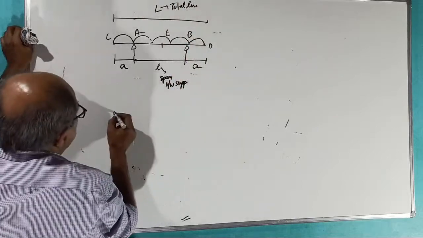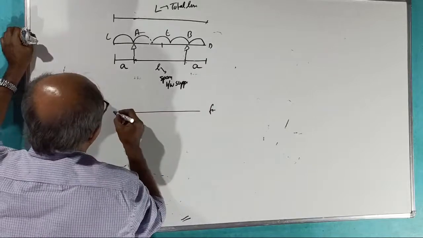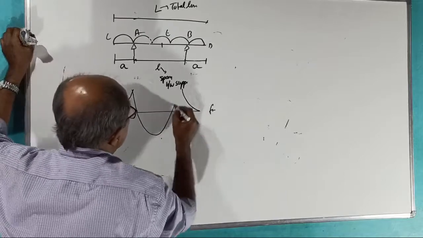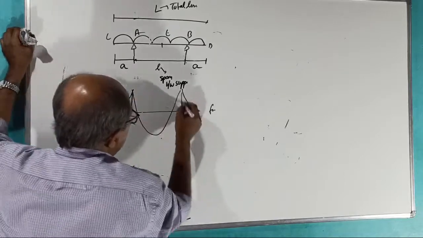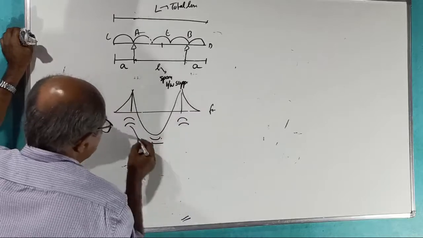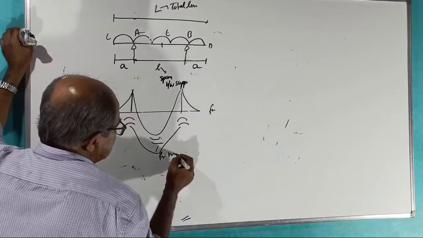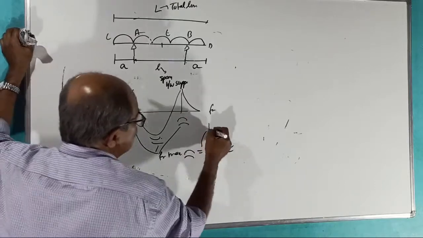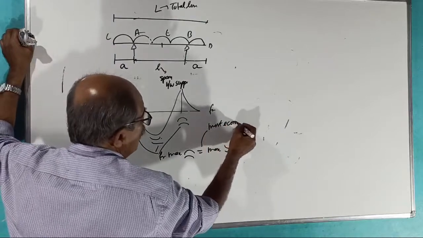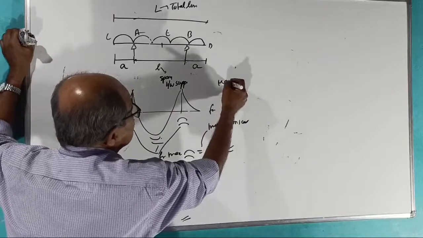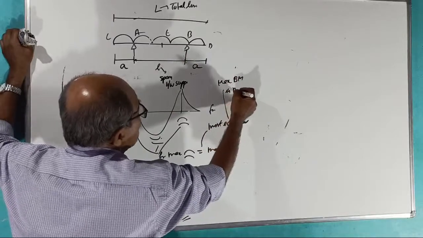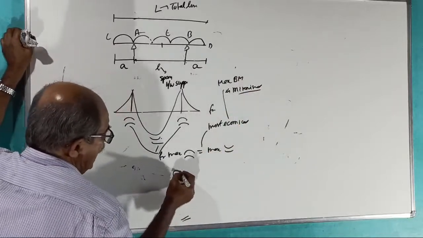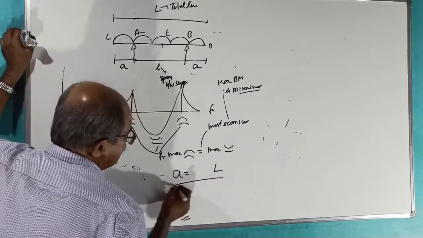For the BMD with hogging BM at the supports and sagging BM in the middle, the maximum hogging BM should equal the maximum sagging BM, which is the most economical case, because the maximum BM is minimized.